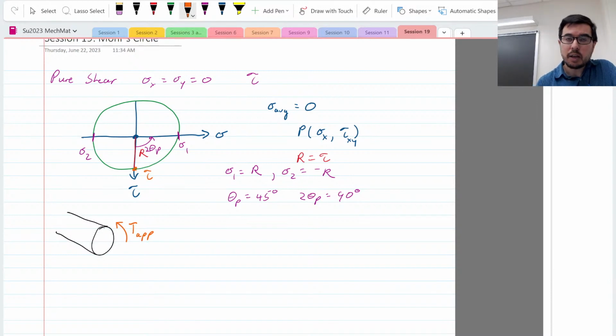And then I know that if I'm looking at an element here, this element is being twisted like this, okay? And I know that my shear stress is going to be just Tc over J, right?